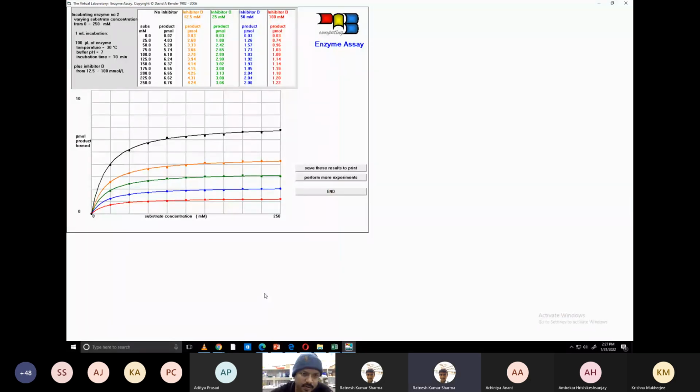Okay. So, sir, here intercept and slope both are same, but the product formed is changing. So V is changing.